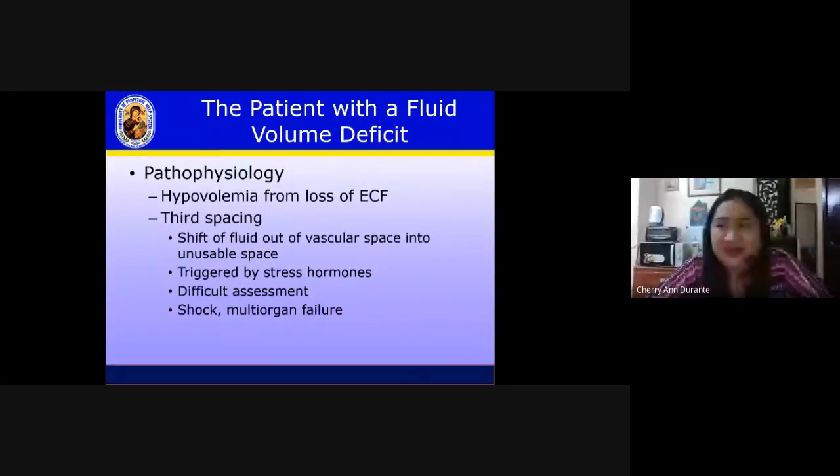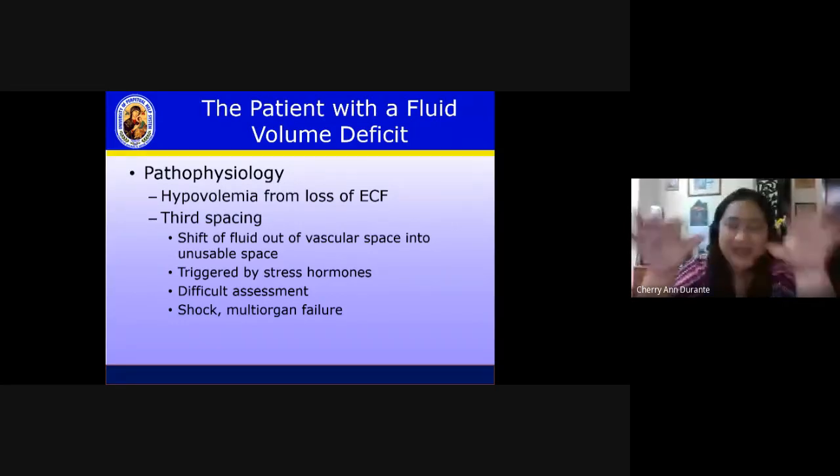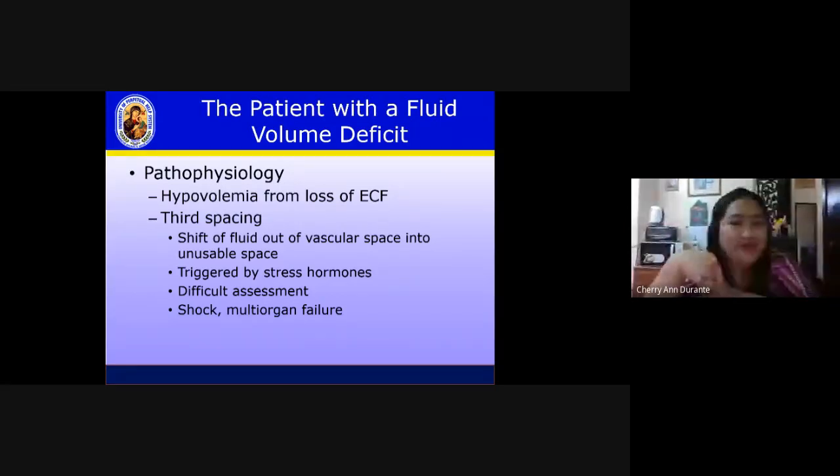Remember guys, the water in your blood is the one that delivers nutrients, even the formed elements in our blood like your red blood cells. They will not travel without plasma, which is the liquid portion of the blood.